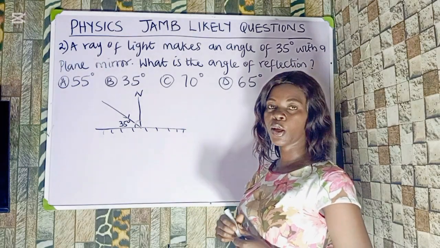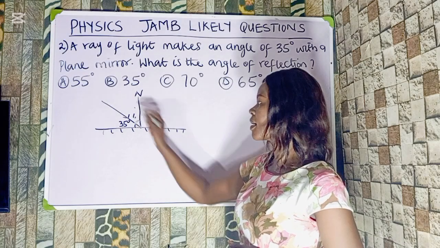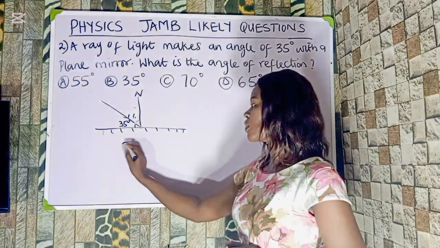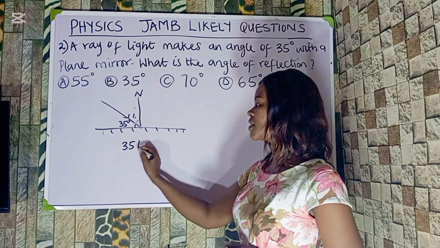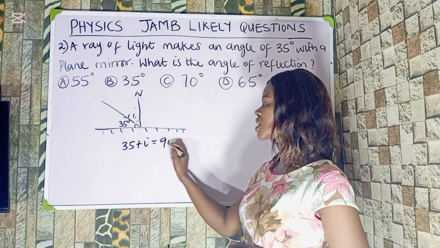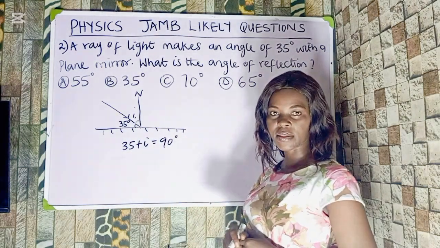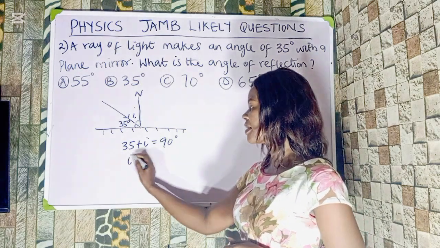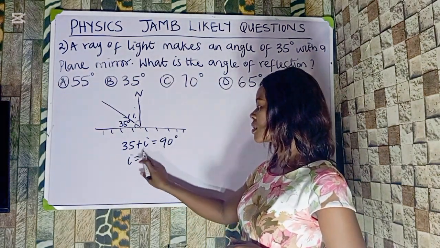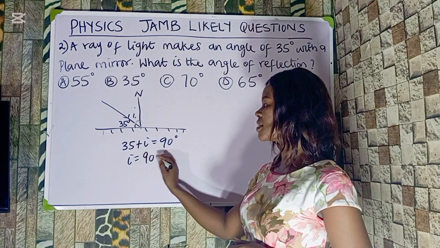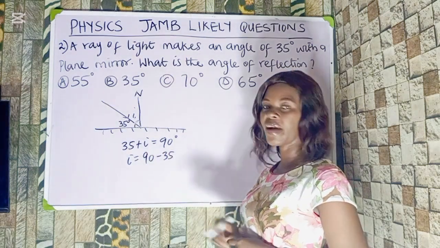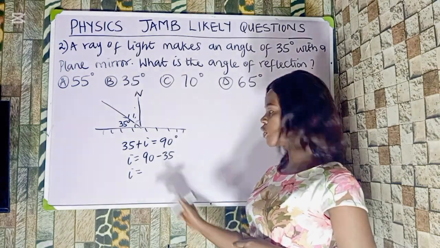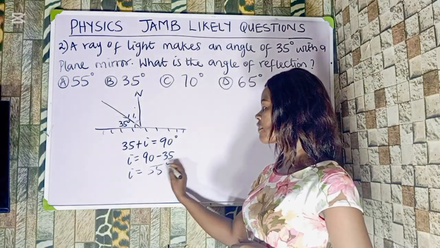For us to get the angle of incidence I, we are going to say that this is a right angle, so 35 plus I is equal to 90 degrees. So I is equal to 90 minus 35, which gives us 55 degrees.